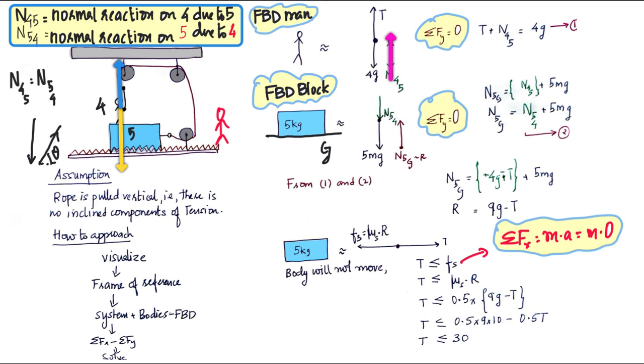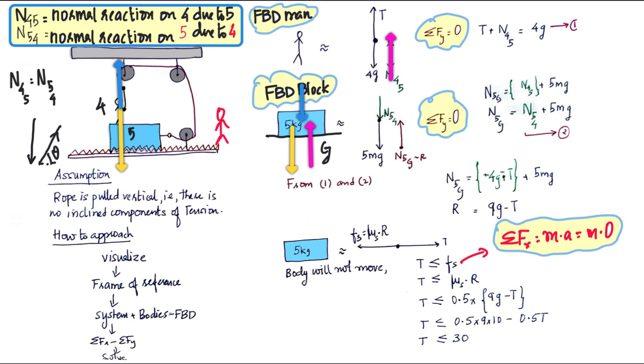Therefore, there will be one normal reaction acting on this 5 kilogram mass due to the ground, which we'll call R. And since the man is in contact with the 5 kilogram mass, the man will exert a normal reaction on 5 due to 4, plus the weight of the body acting downwards.